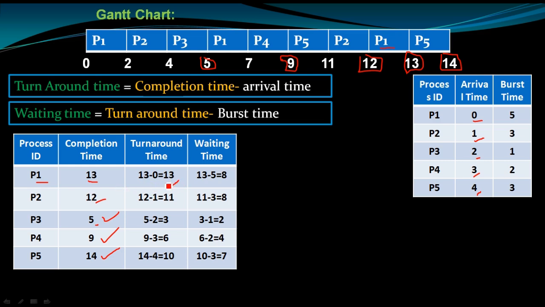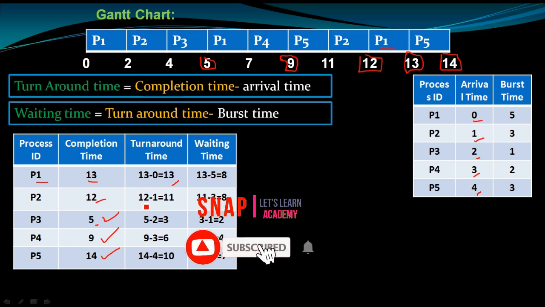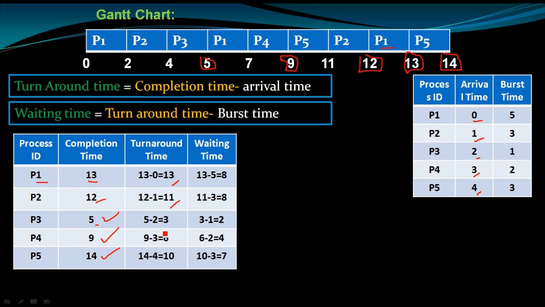Now 12 is the completion time for P2, minus its arrival time of 1, equals 11. 11 is the turnaround time. Now 5 minus 2: 5 is the completion time of P3 and the arrival time is 2. So 5 minus 2 is 3. 3 is the turnaround time.